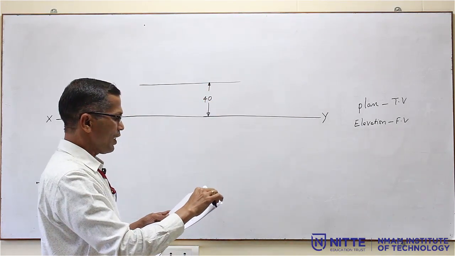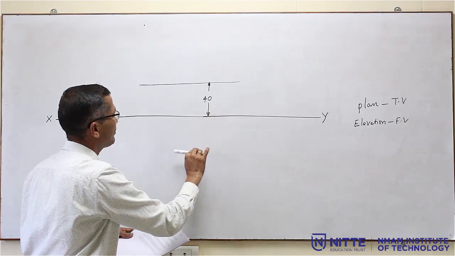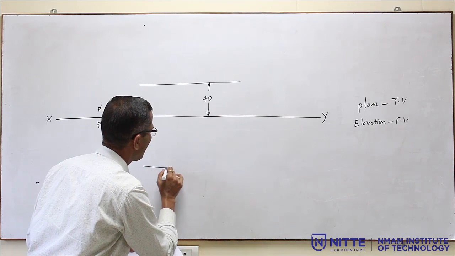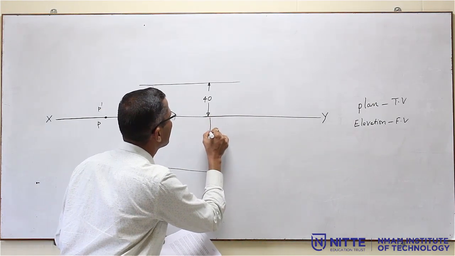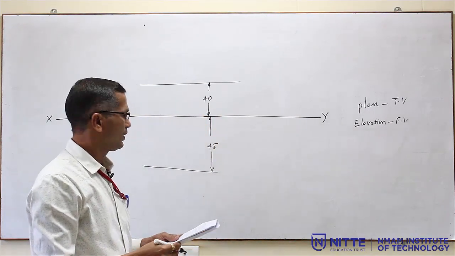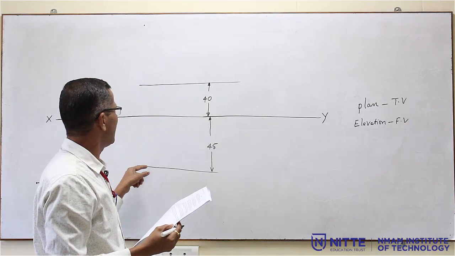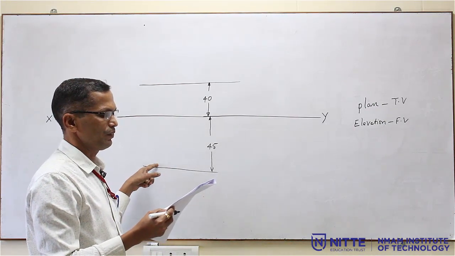And 45 mm in front of VP. From the XY line it is 45 mm. So, I will draw a light line and mark it as 45 like this. Now, on these lines the Q dash and Q should be there.